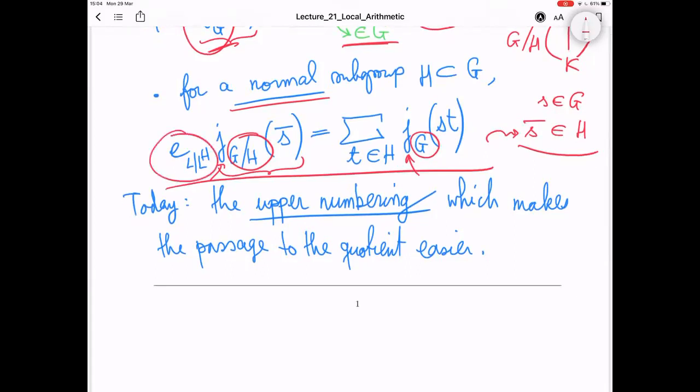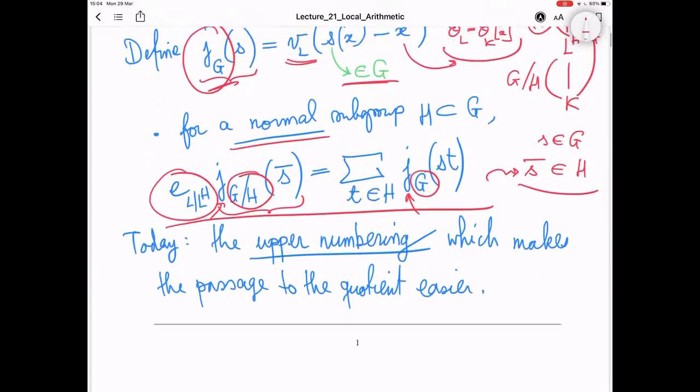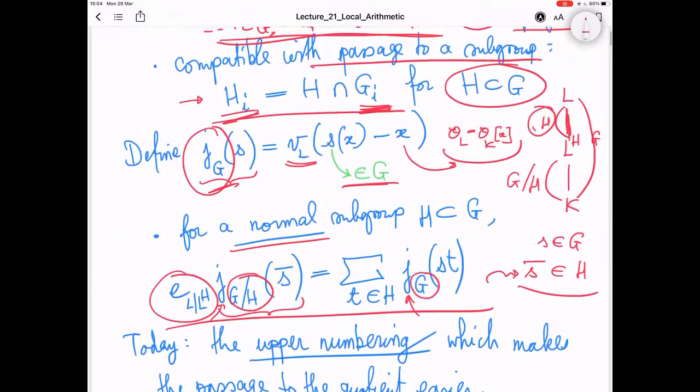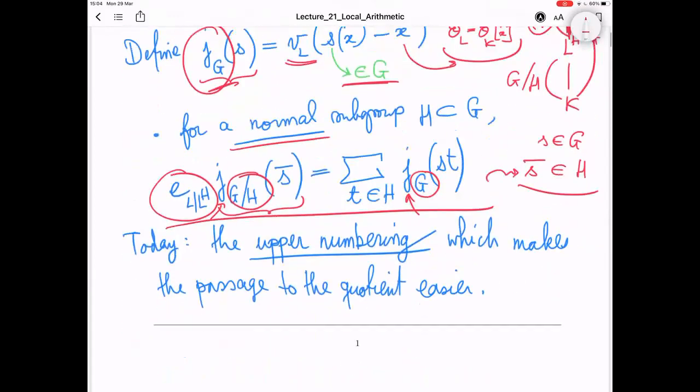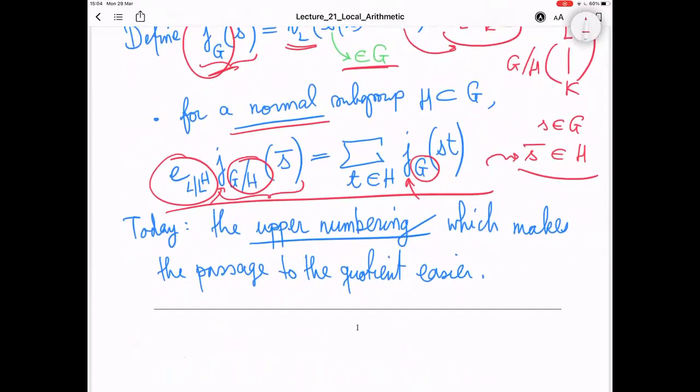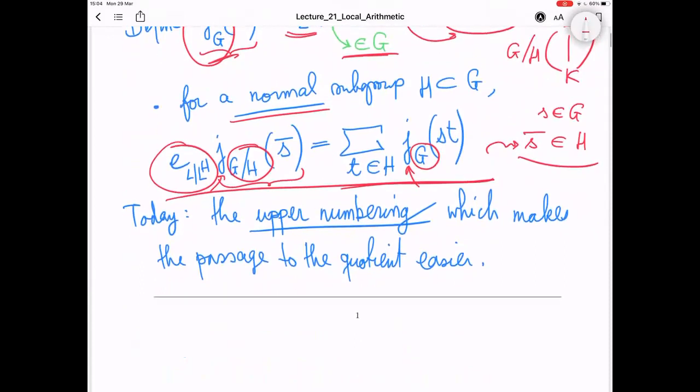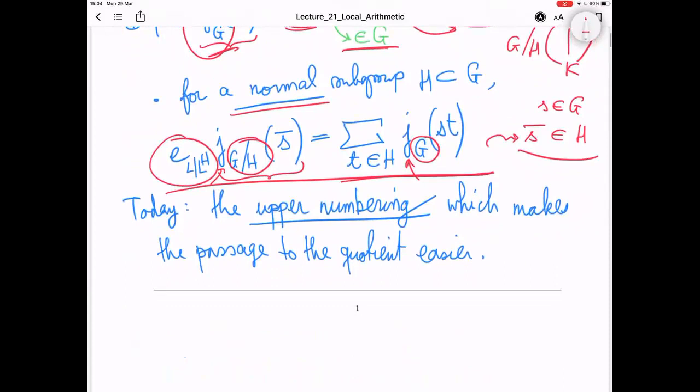So here is the ramification index of L over L^H, and then i of G modulo H of s bar is this sum on the right, the sum over all t in H of i_G of st. On the left, we have s bar, and then we have to look at all the pre-images of s bar. They are all of the form st for a t in H, and s is one of the pre-images, right?